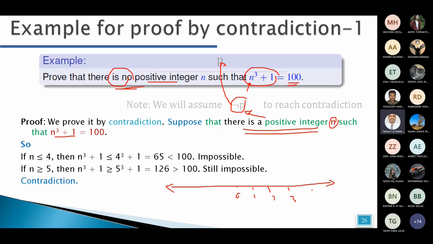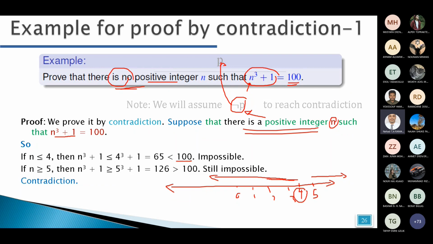To take all the numbers, you have to take two numbers. Okay, you take anything less than this number, for example 4, and anything more than it, meaning anything more than 5. There is no integer between 4 and 5, yes? Why do I take 4 and 5? Because 4 gives me a number less than 100.